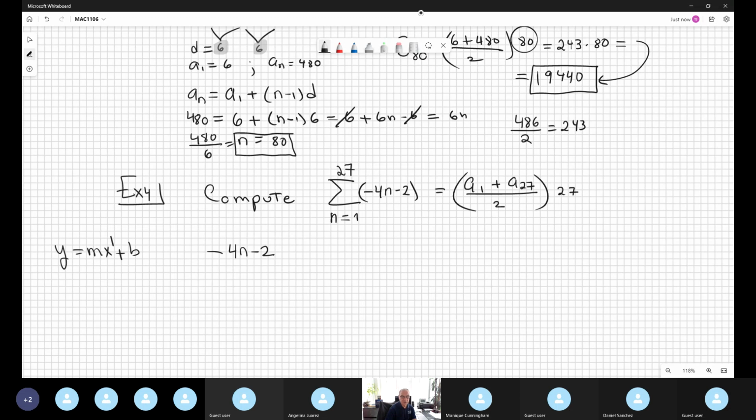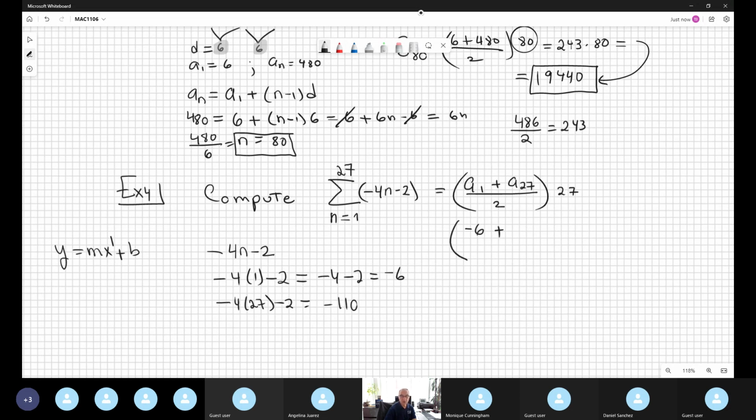But finding a1 is easy. a1 is evaluating negative 4 times 1 minus 2. This is negative 4 minus 2, which is minus 6. Okay, I know that a1 is minus 6. Plus a27 is negative 4 times 27 minus 2. I put it in the calculator, it's negative 110.